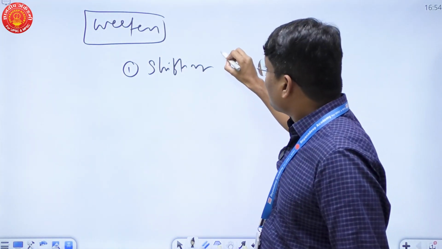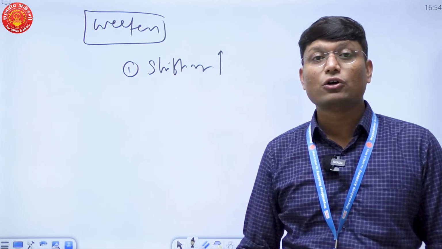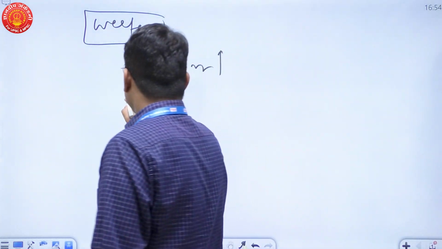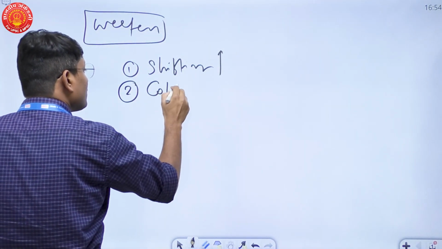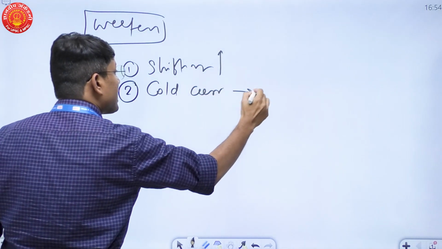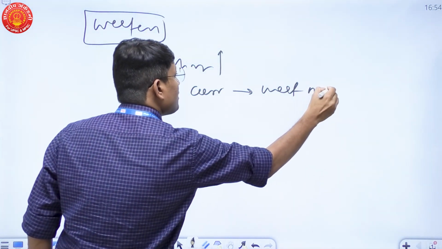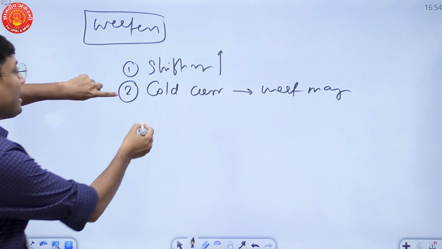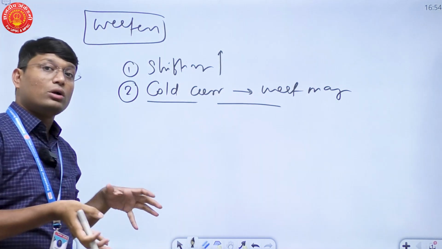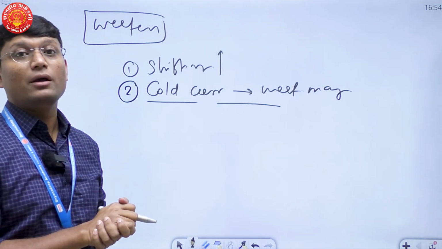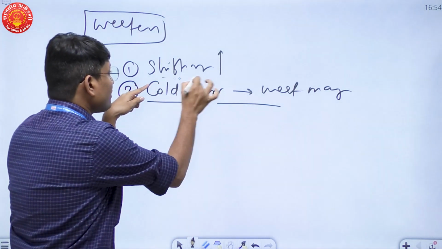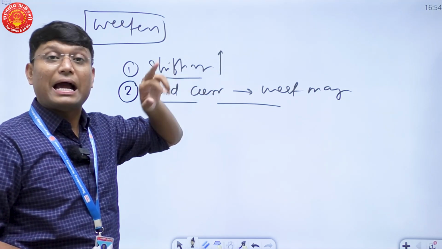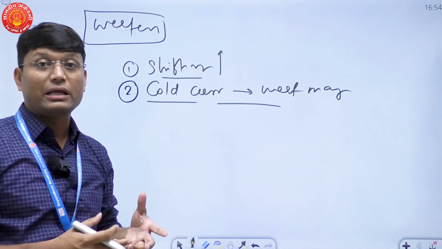Fine, but even if there is shifting of pressure belt, you will write next that there are cold currents on the western margins. Understand the flow. Don't directly write that there are cold currents on the western parts of the continent. First tell that there is shifting of pressure belt and good enough conditions for rain.